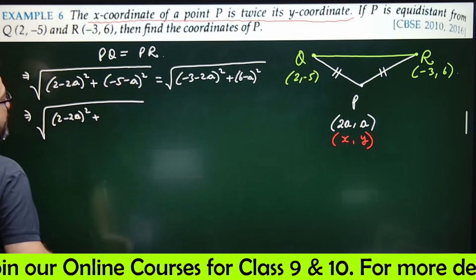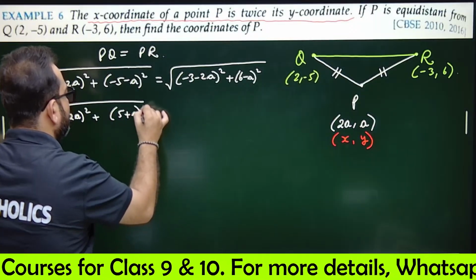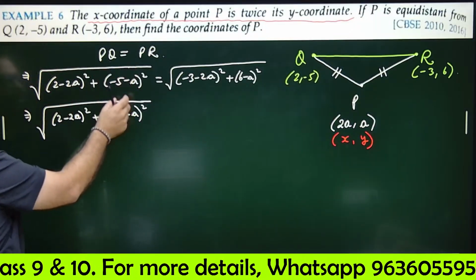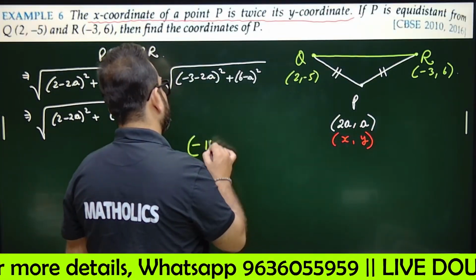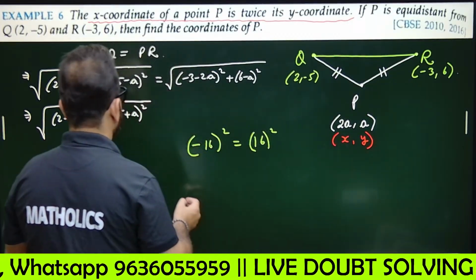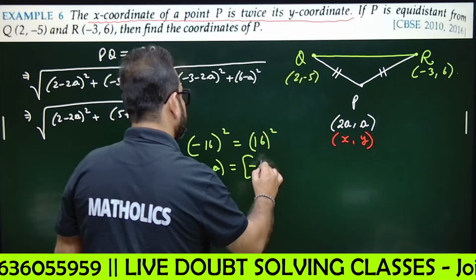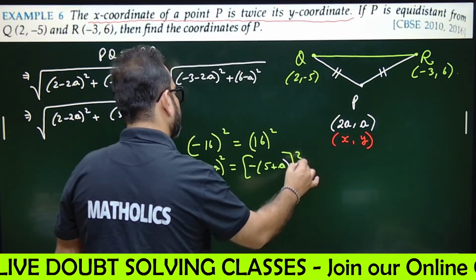What is this? If you take out minus sign common, it will be 5 plus A whole square. Treat it as negative of something whole square. So if it was simply minus 16 whole square, can you write it as 16 whole square? Yes, sir. So if it is minus 5 minus A, can I write it as minus common, that is 5 plus A, whole square it is. Sorted.